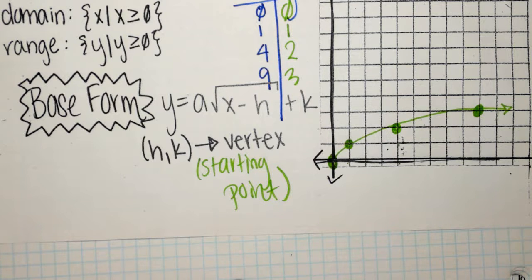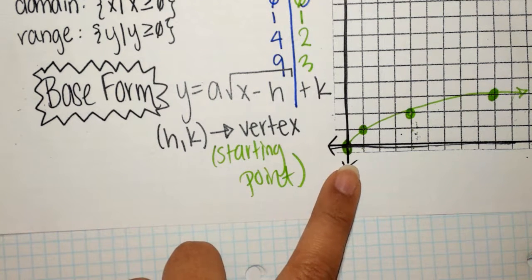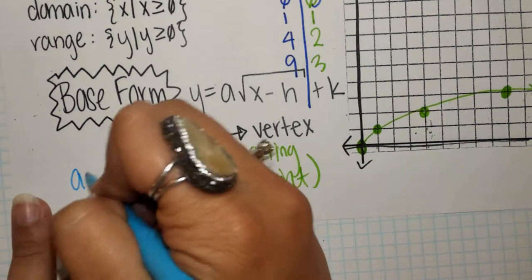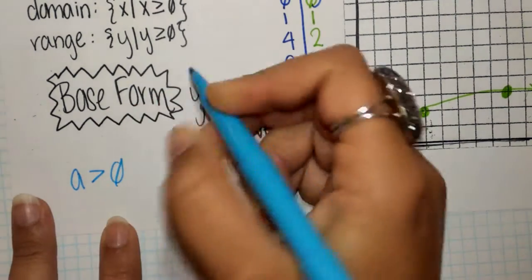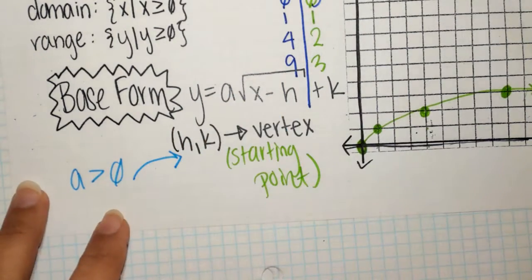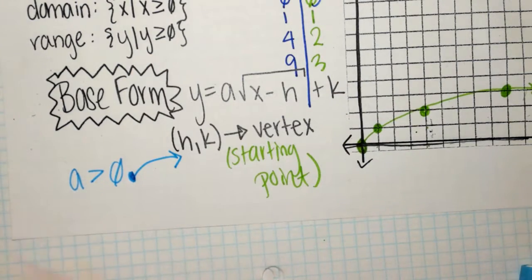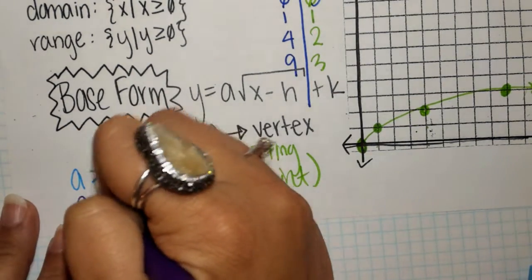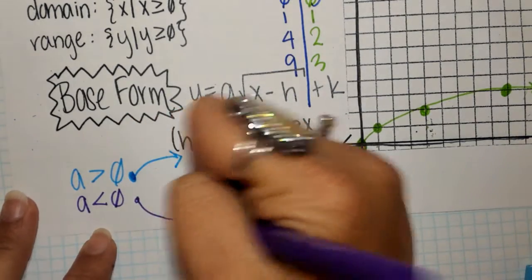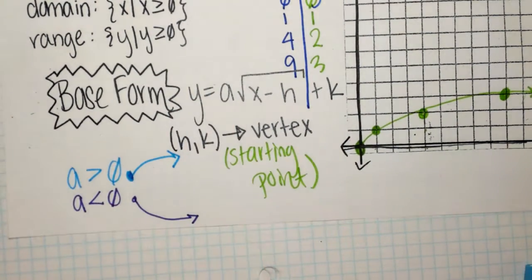If a is greater than 0, it's going to look like this, with a starting point, and it doesn't go any further. If a is less than 0, it's going to look like this. Now, a can be less than 0 because it's outside of the radical. So it does the same thing as the quadratic where it flips it over.